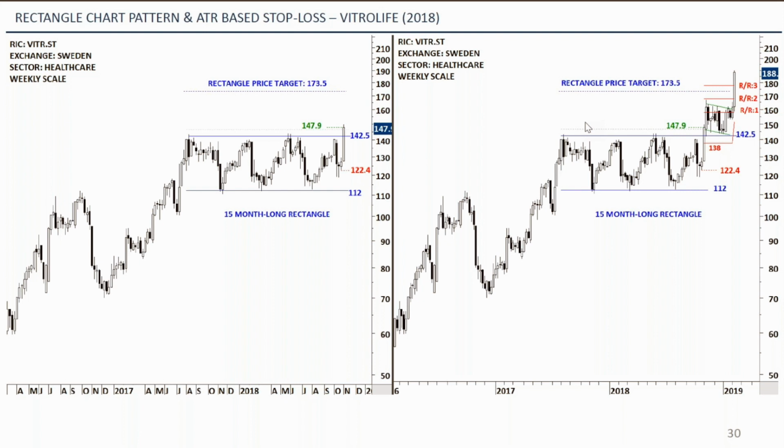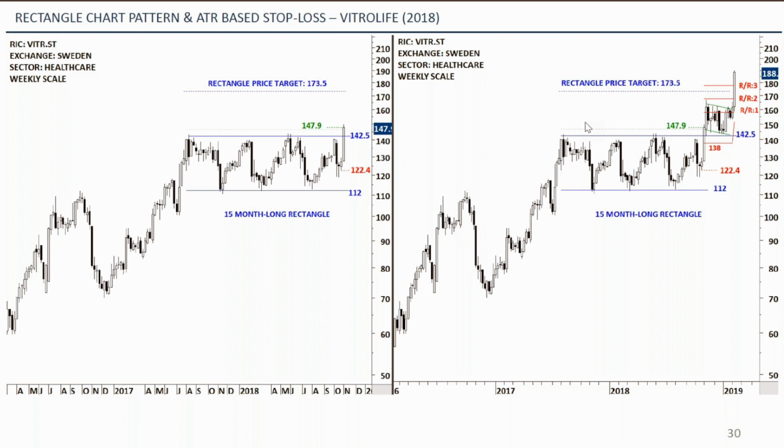Now, trailing stop loss is just one example of a trading tactic. You can use moving averages, you can use the candle bars as an exit criteria, or trailing bars.